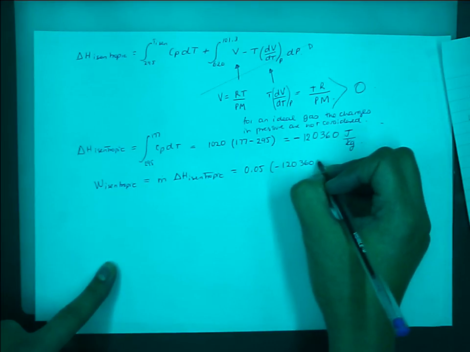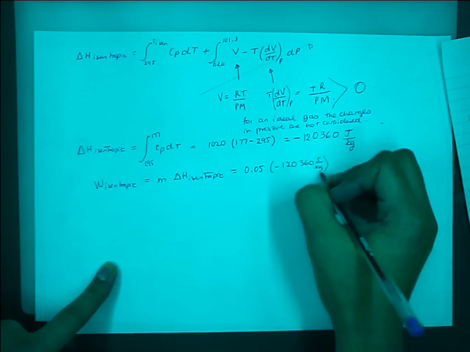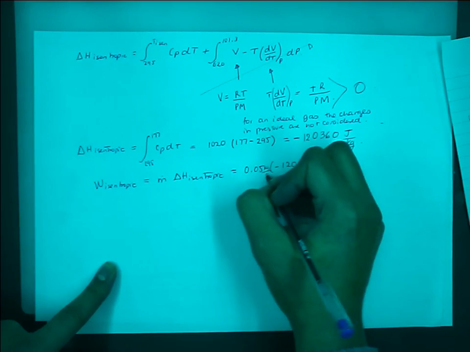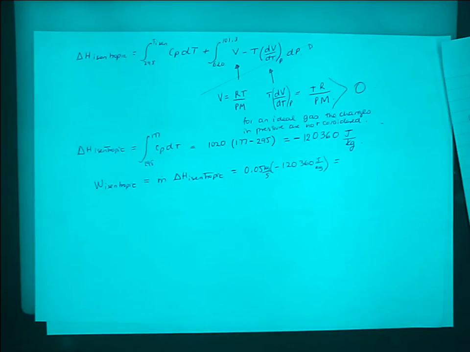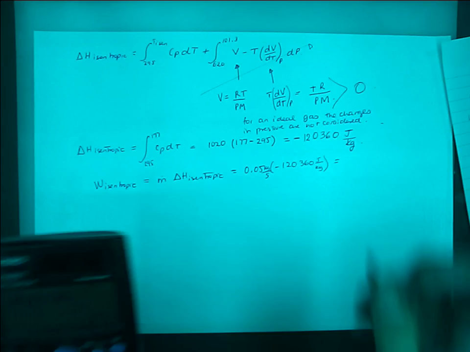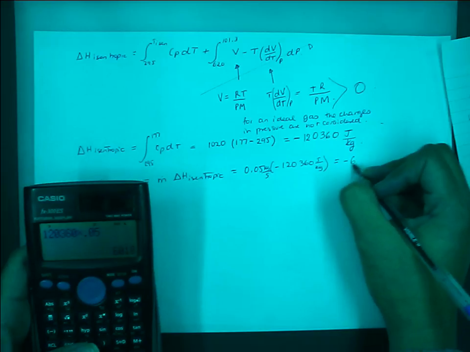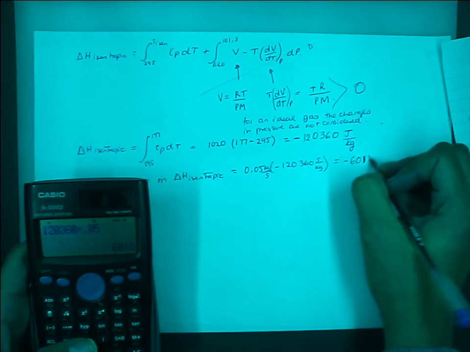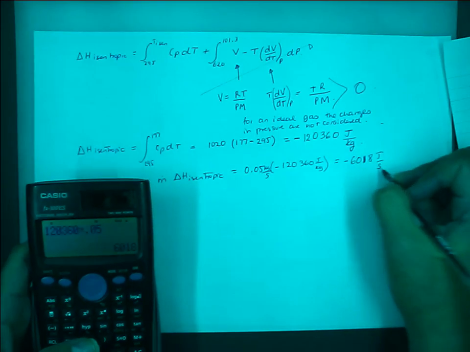So minus 60,000 watts. Okay, so now W real will be equal to the efficiency times work isentropic.